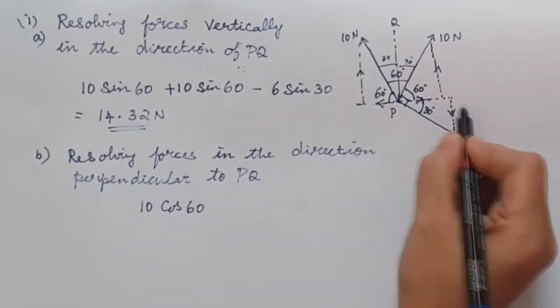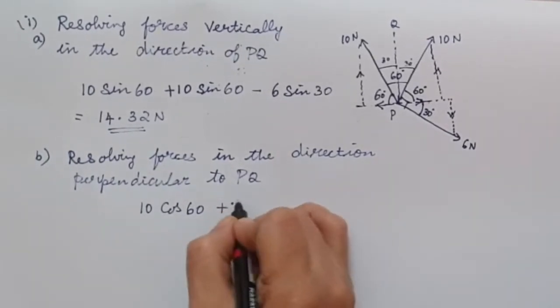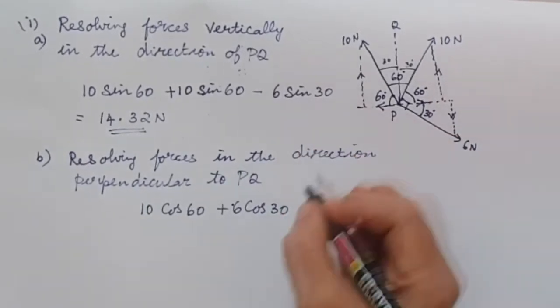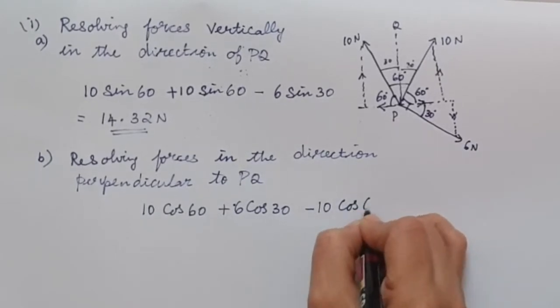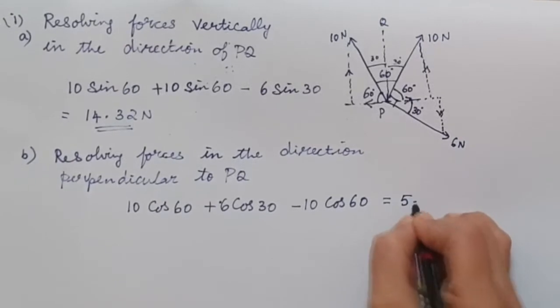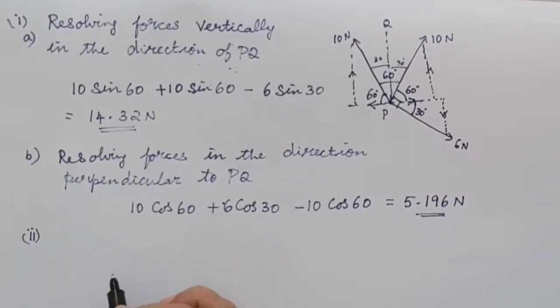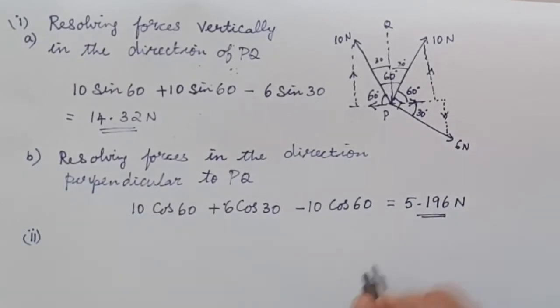Again this is also to the right, so plus, this one hypotenuse is 6, so it is 6 cos 30. This is on the left side, in the opposite direction, so it will be minus 10 cos 60. When we simplify this, we get 5.196 Newton.